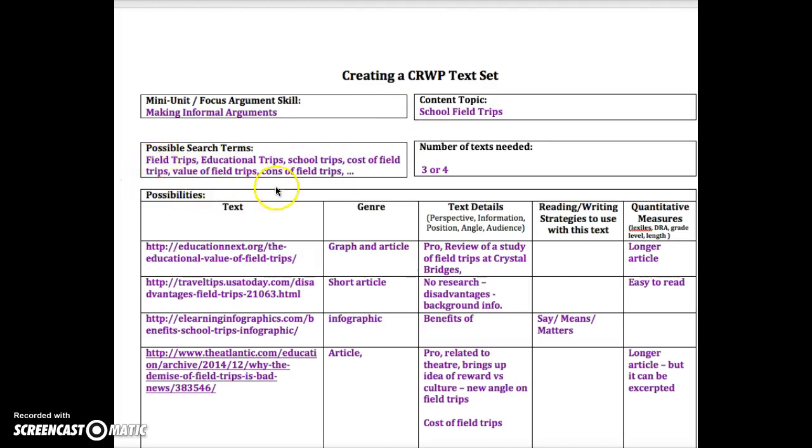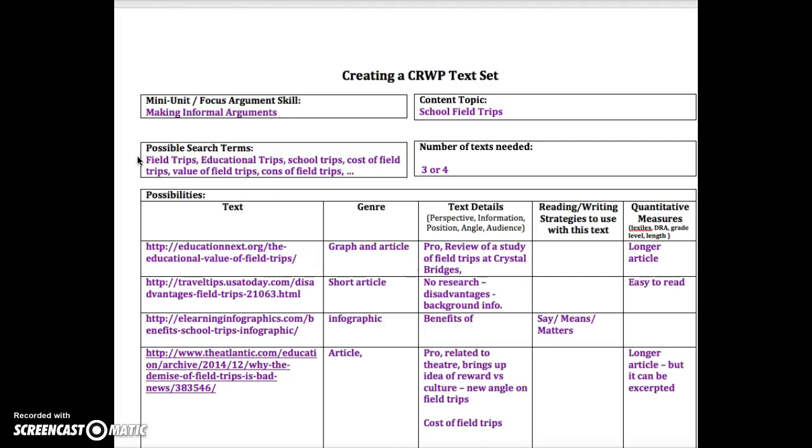Before I start to search, I think about possible search terms. This little box is kind of important. In our world today, we just Google things, which is actually not a bad idea when we just want a bunch of information. But when we want to focus a search and think about what we're really looking for in a text set, we might want to come up with possible search terms that will lead us to information that our students could use for their argument.